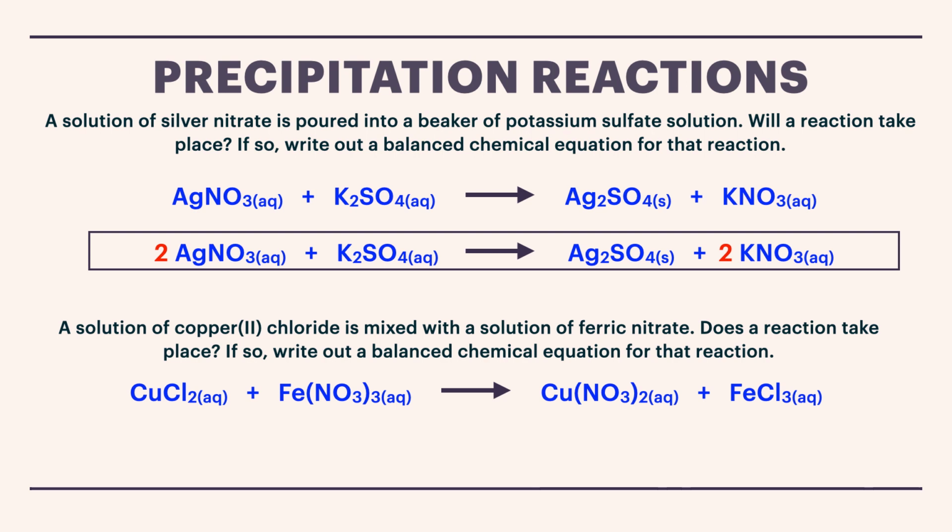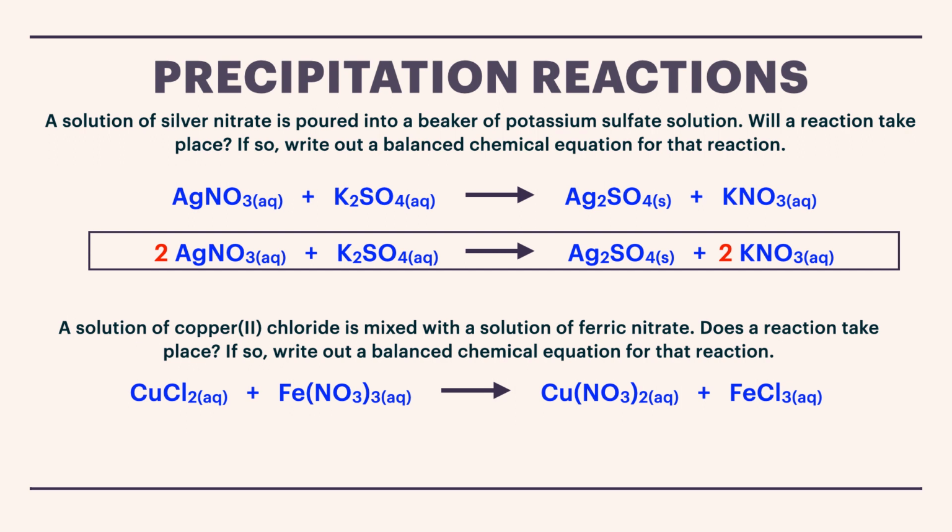I then write out the products as if this is really going to happen. The iron and the copper switch places. I get the formulas of the potential products. But this time, different from my first example, I find that both combinations end up being soluble.